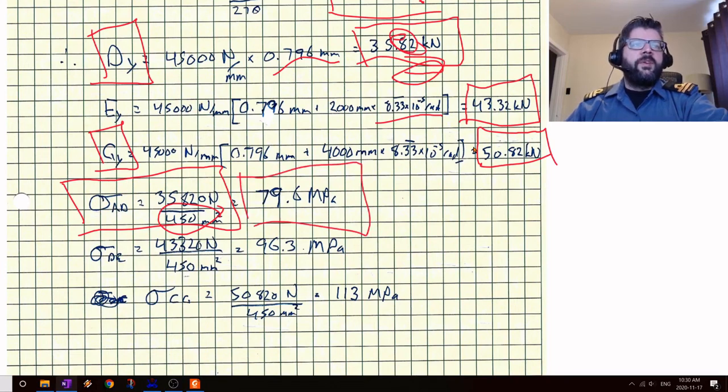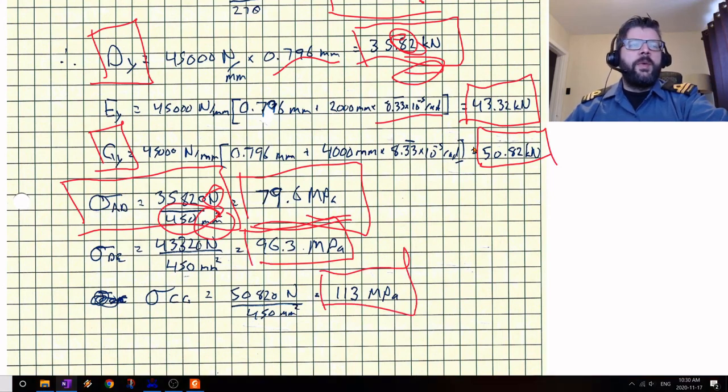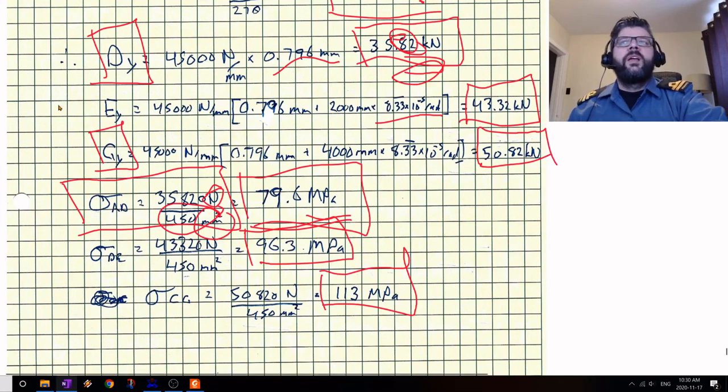Again, I just translated that into newtons, so we're getting newtons over millimeters squared, which spits out MPa. So 79.6 MPa for the leftmost bar, 96.3 MPa for the middle bar, and 113 MPa for the bar on the right. And that is about it.